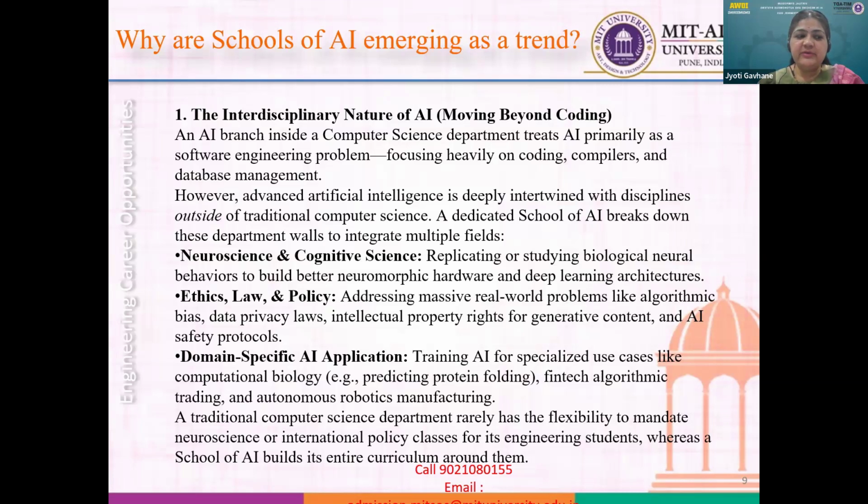The third part is very important. It is not that I have just established the machine and now my role is over. We have to address massive real world problems like algorithmic bias and loss of data privacy. That's why the terms ethical and responsible AI came into the picture.